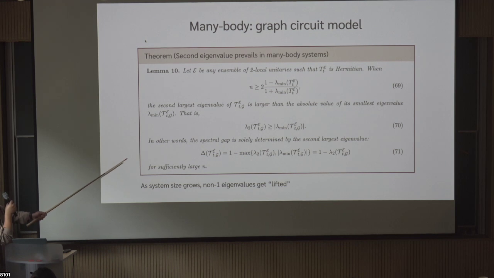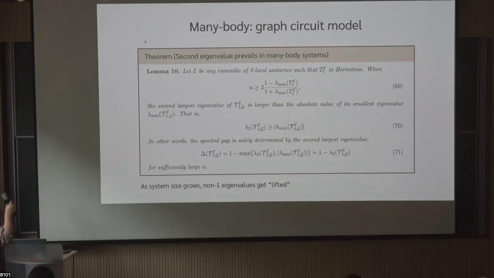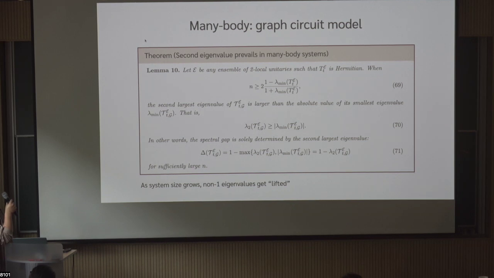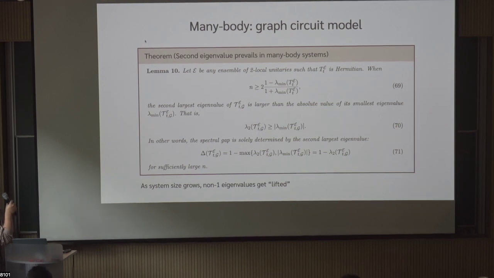So we can show that there exists some value such that as long as n is greater than this value, the spectral gap of this many-body ensemble will be purely controlled by the second eigenvalue instead of the absolute value of the minimum eigenvalue.